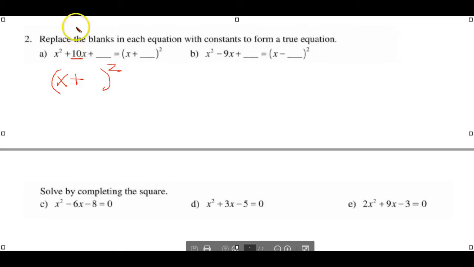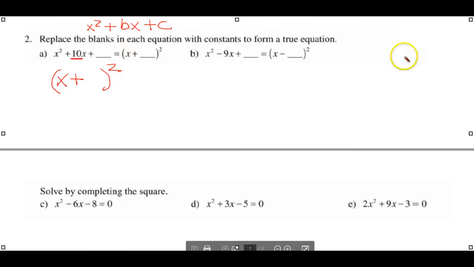Now we should have this as a reference here: ax squared plus bx plus c. This is the standard form of the quadratic equation. And our a is 1 here, so actually we probably can take that out of there.